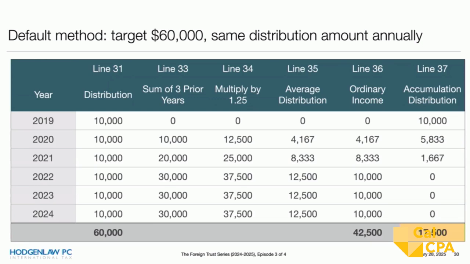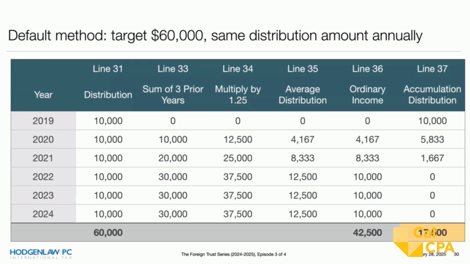The second year, 2020, how much was distributed in the prior 3 years? Well, 10,000, right? Well, 10,000 was distributed last year in 2019. 125% is 12.5 divided by 3, 4,167.